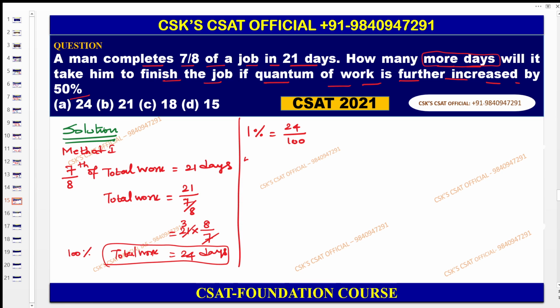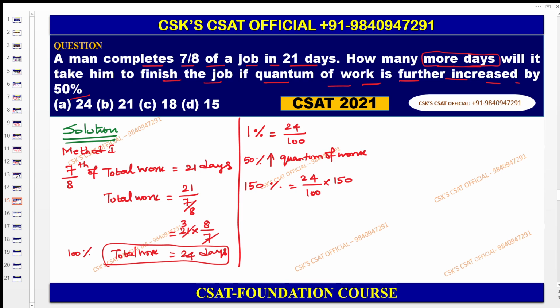Now 50% increases the quantum of work. Actual work is 100%. 50% increases means 50 increases. So therefore 150% is equal to what? 24 by 100 into 150.